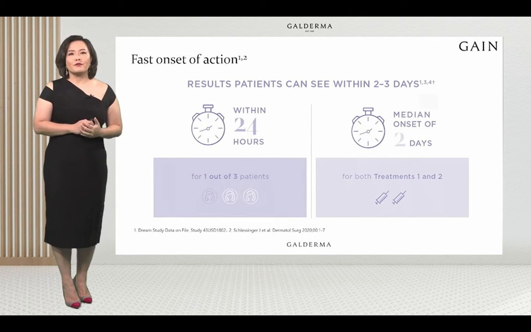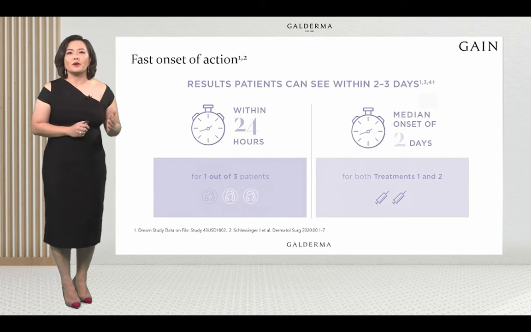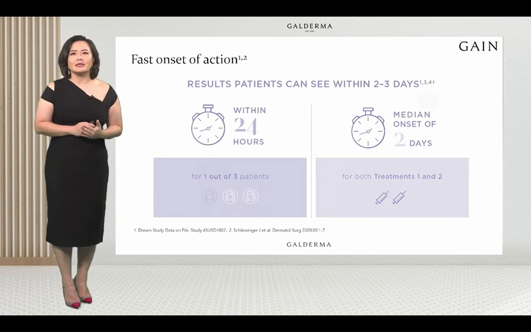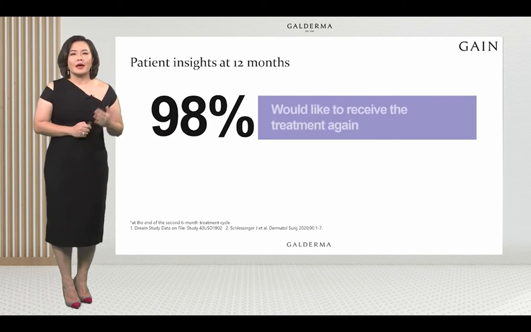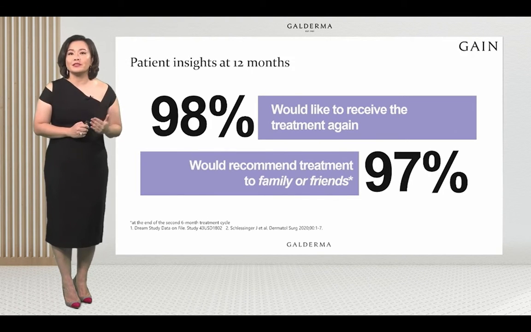The other thing we found with this study is that while most patients see results within 2 to 3 days, 1/3 of patients saw results within 24 hours, and the median time of onset was 2 days. From the study, 98% of patients would like to receive the same treatment again, while 97% of patients would recommend this treatment to their family or friends.